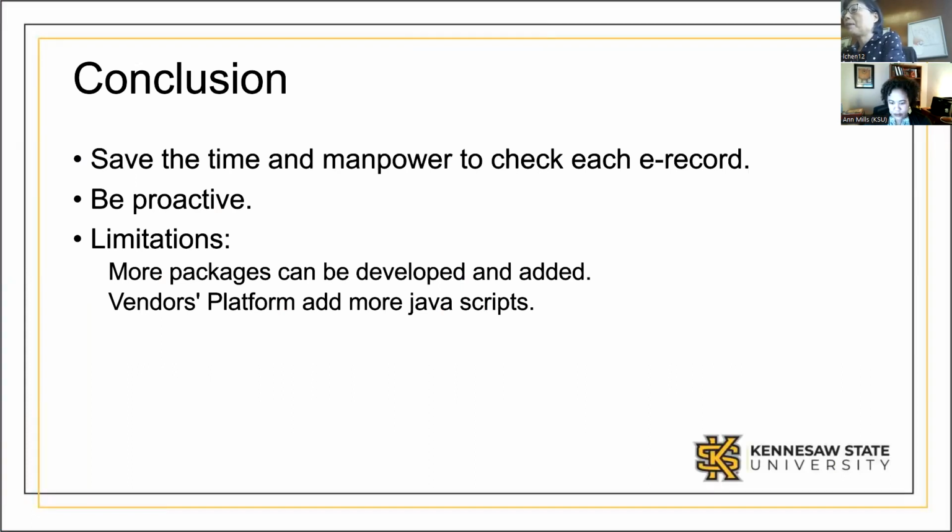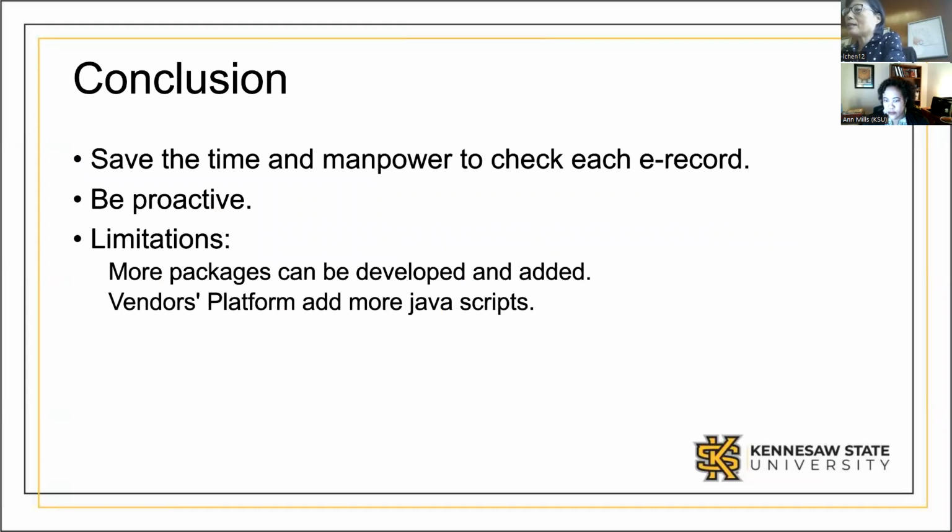But there are some limitations to this application. Only 36 packages have been developed, and if you have the manpower and skill, you can contribute more packages. You can contact the University of North Carolina Library for further details.